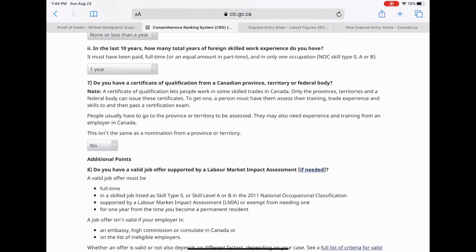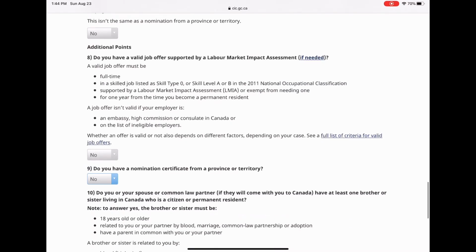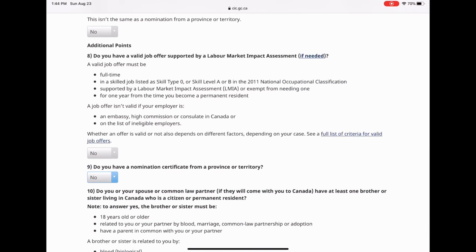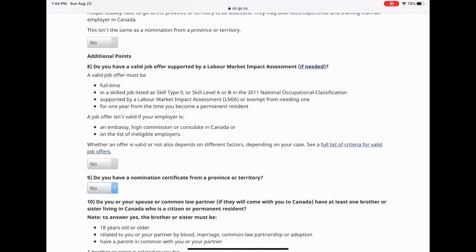So this is not the nomination, this is about the certificate of qualification that you have earned from any Canadian province or territory or any Canadian body. Then next one is a valid job offer supported by a labor market impact assessment. Do you have any job offer?